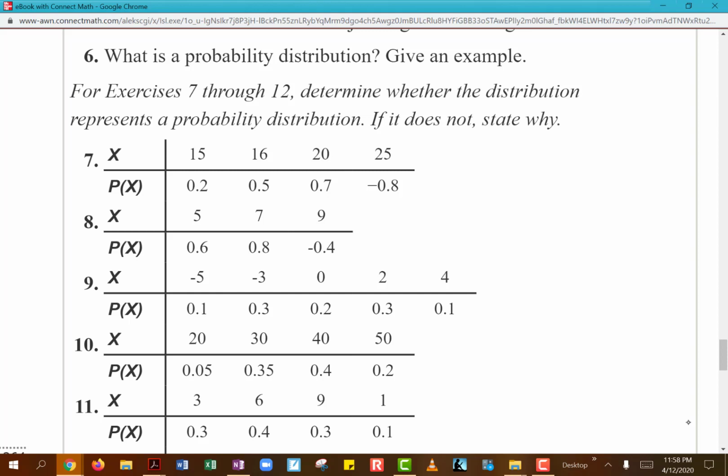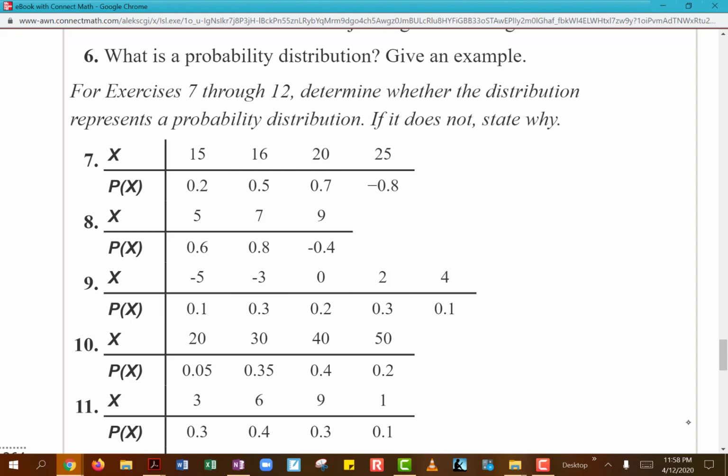Now the question is, if we add all those 5 probabilities, do they add up to 1? So 0.1 and 0.3 is 0.4, then you have 0.6, 0.9, and 1.0. So yes, we can say number 9 is a probability distribution. Okay, so number 7 was not, and number 9 is.